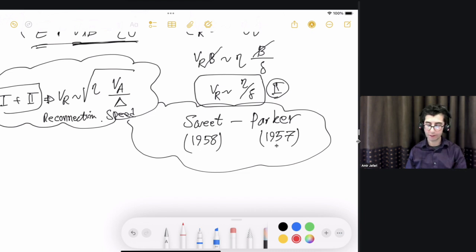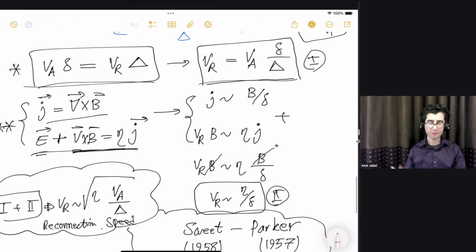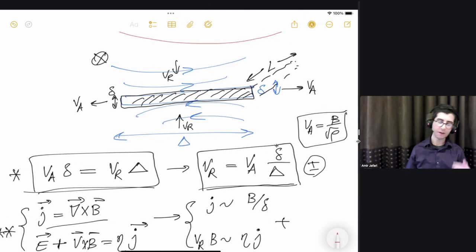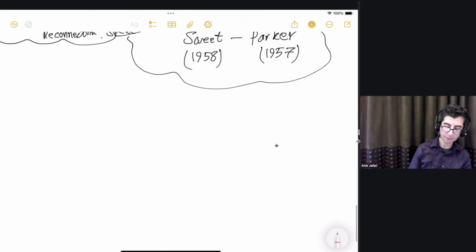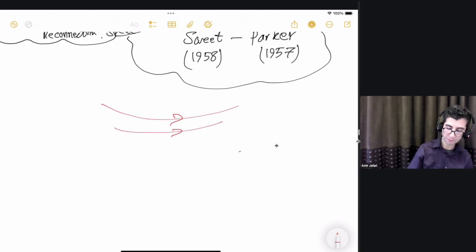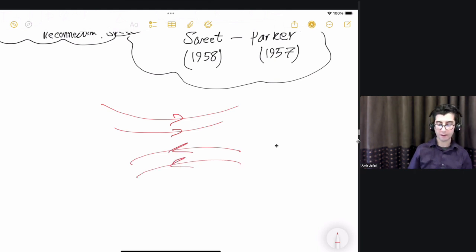We'll see why. So just to mention a couple of names, there is this X-shaped geometry, assuming that instead of a current sheet like this in the Sweet-Parker model, and a reconnection zone in this form, what is going on is something like this.